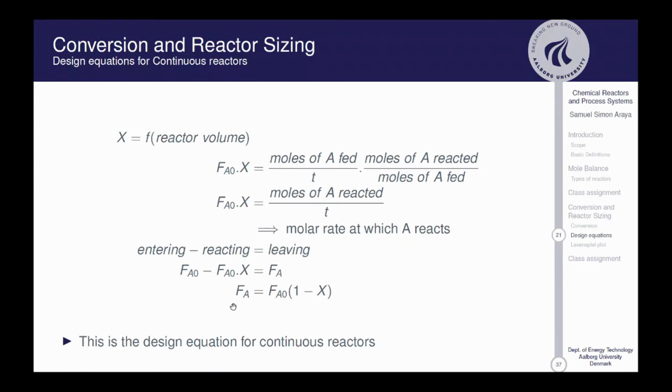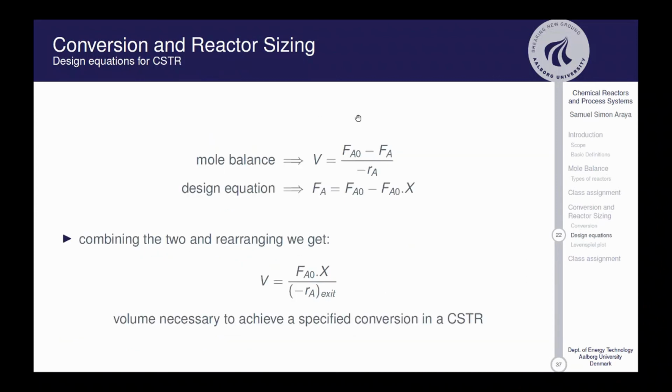So it relates the molar flow of the species with the conversion in the reactor. And just as we did with the batch, if we combine this with the mole balance equation that we previously derived, then we have such a design equation where the volume of the reactor is basically the rate at which A is reacting divided by the rate of reaction.